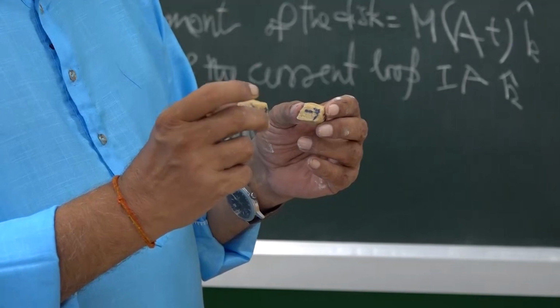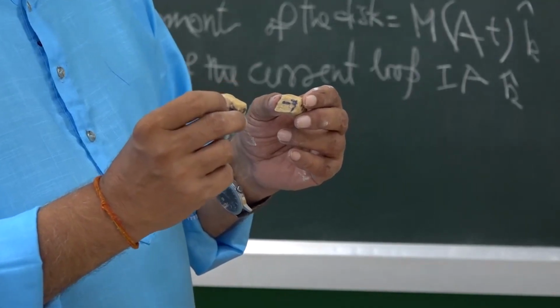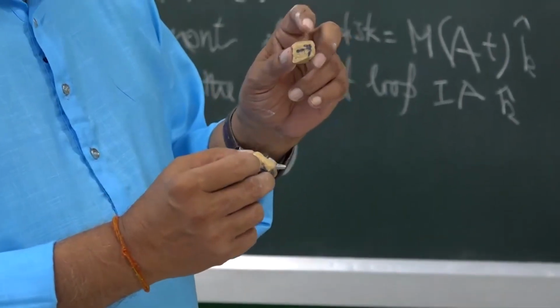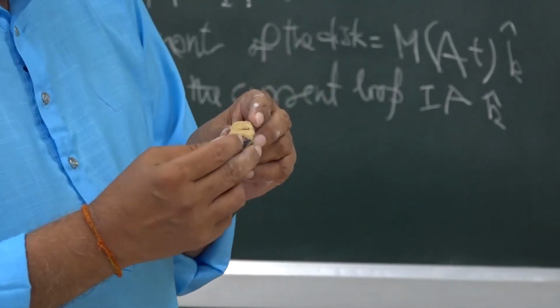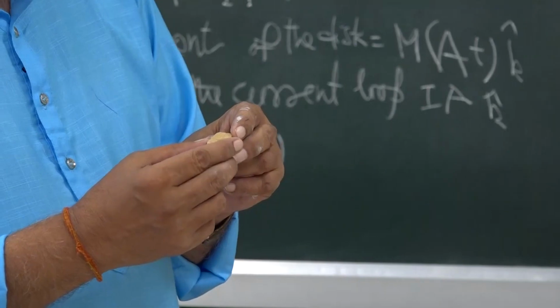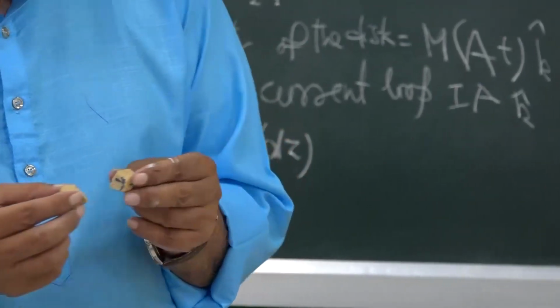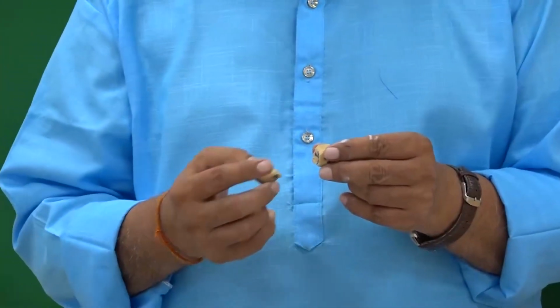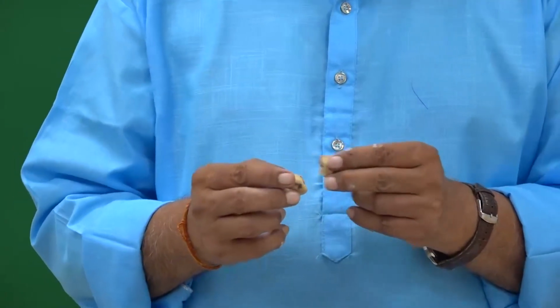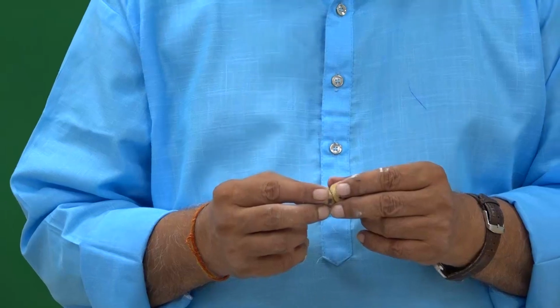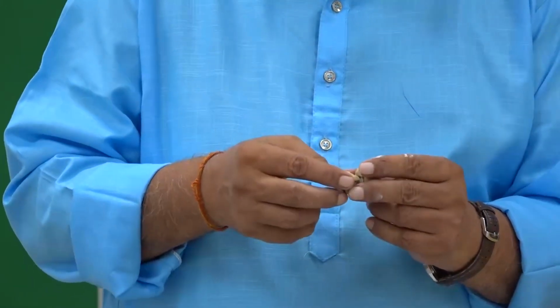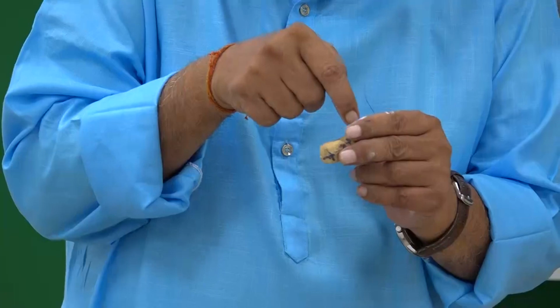Magnetization is more here, so this current will be stronger. The magnetization is less here, so this current will be smaller in magnitude, and if we put them together, although the directions of the arrows are opposite, the magnitudes are unequal and you have a current in the interior of the material.